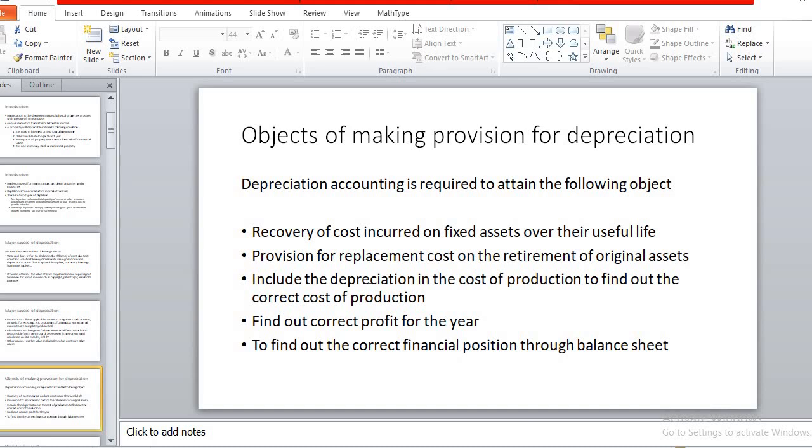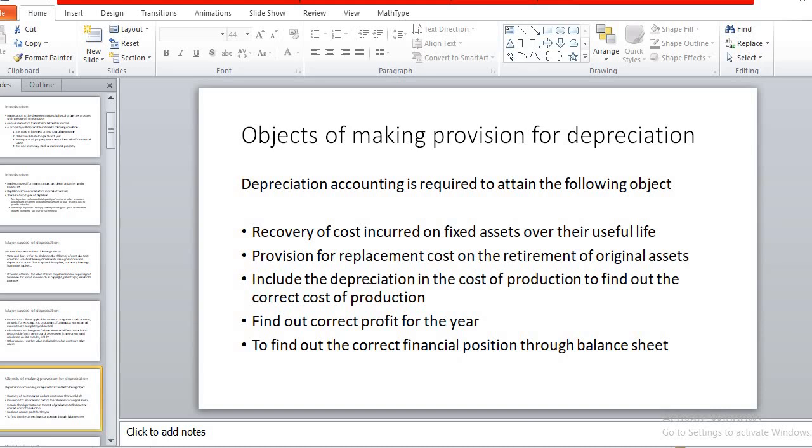Suppose after production of 100 products, that machine is worn out. So after 100 products, we will require to purchase a new machine.